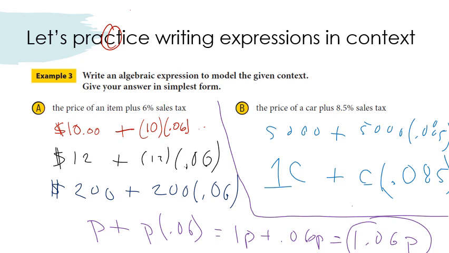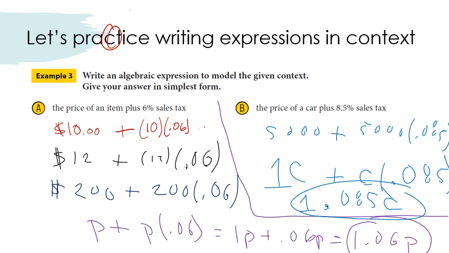So if I add those like terms together, I have 1.085C for car. You can use any variable you want. It could be P, it could be X, it doesn't matter.